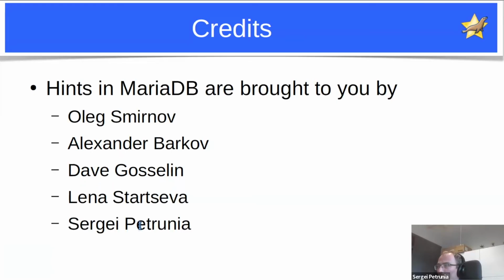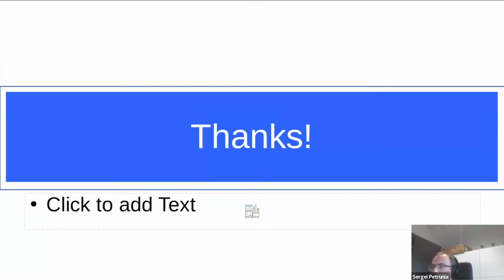Lena does testing, and I do code reviews and write specs for the tasks. Well, that's all the slides I had. If you have any questions, now we can discuss them.